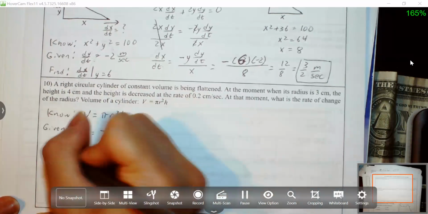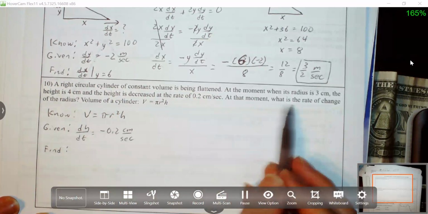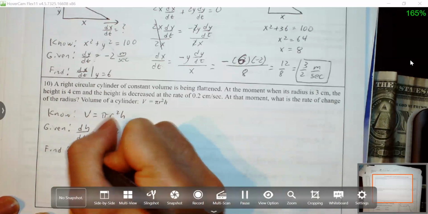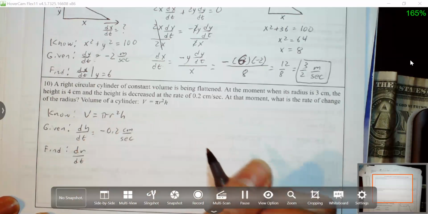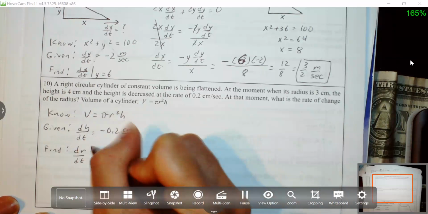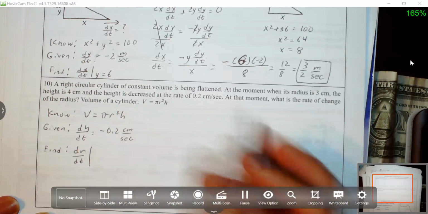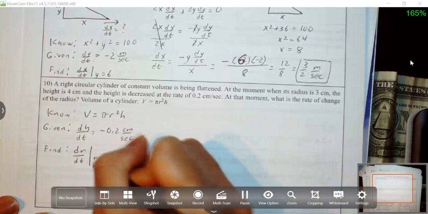And we want to find what is the rate of change of the radius. Okay. So we want to know dr/dt when its radius is 3 centimeters, so when r equals 3 and h is equal to 4.